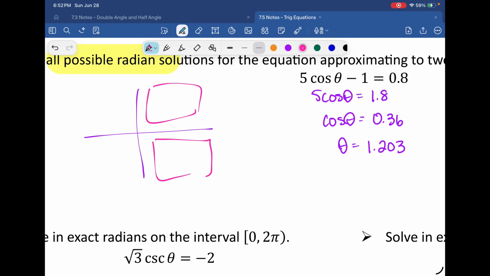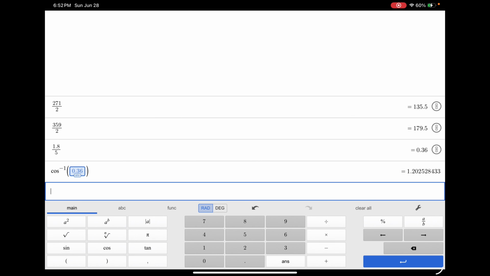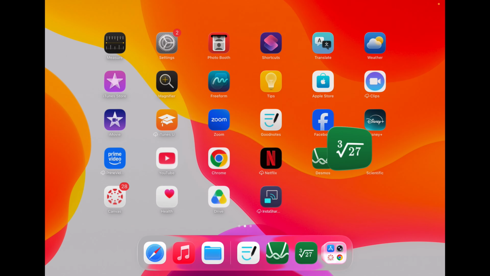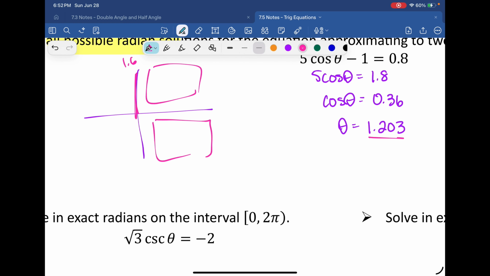If I think about pi over 2 right here, I don't know that exact value, so I'm going to go ahead and get that. So 1.5 or 1.6. So this 1.203 is a reference angle. That means the distance between the x-axis and that terminal side is 1.203.